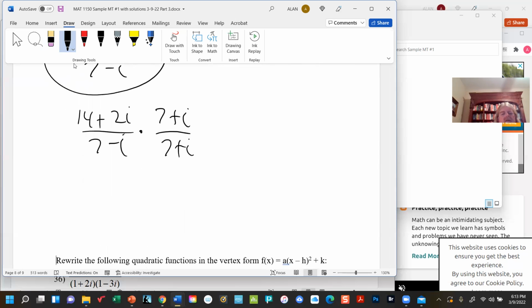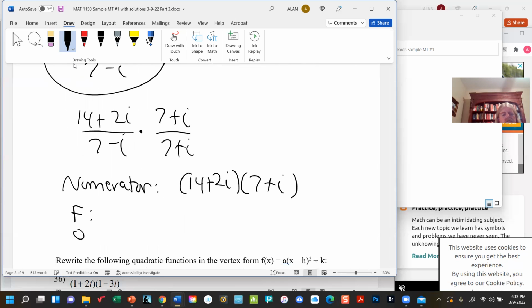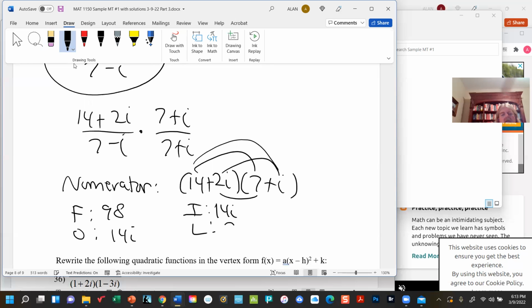So for our numerator, 14 plus 2i, 7 plus i: 98, 14i, 14i, 2i squared.